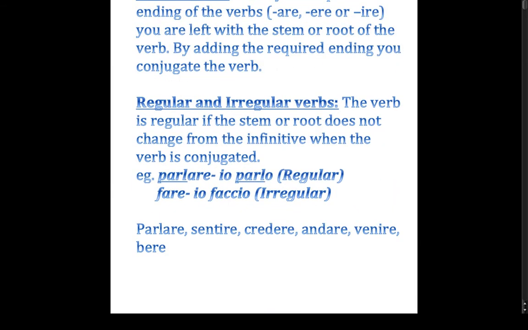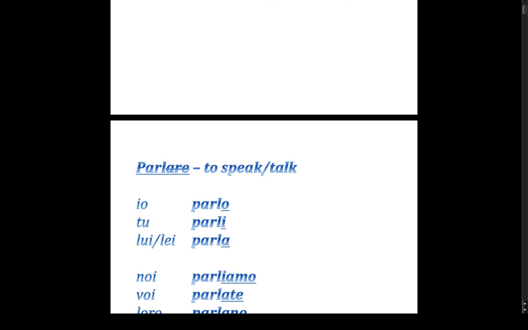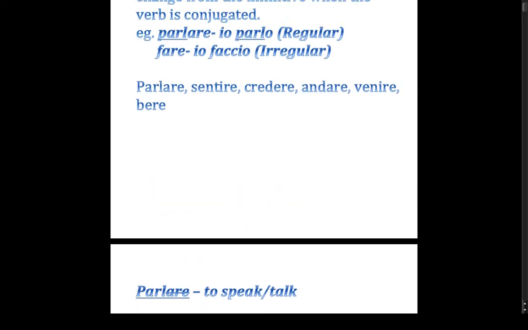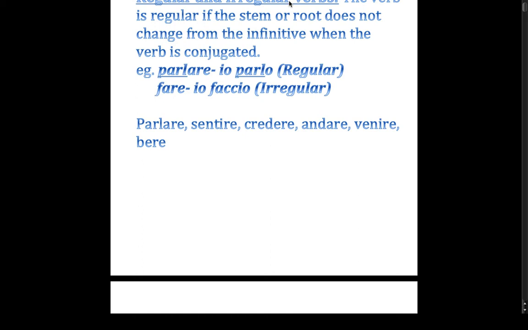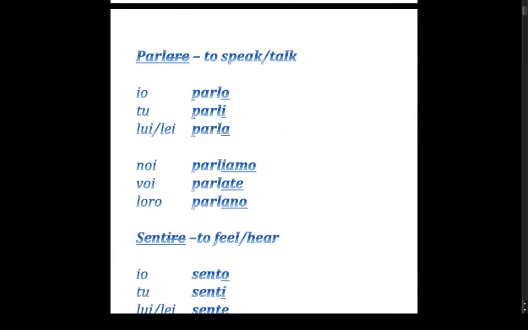These verbs are regular because when you drop the ending of the verb, so we drop ARE of the ending, the stem or the root of the verb does not change from the infinitive form when the verb is conjugated. So it will stay as parl throughout the verb. And you're adding the ending to conjugate the verb.